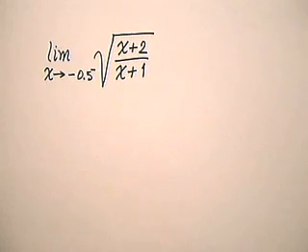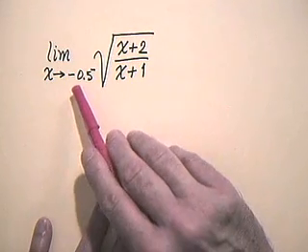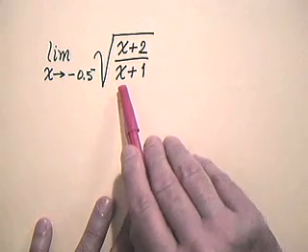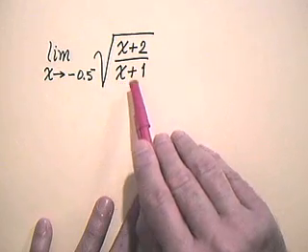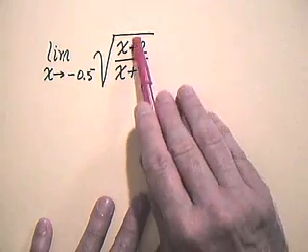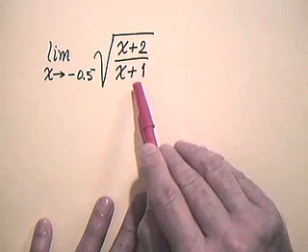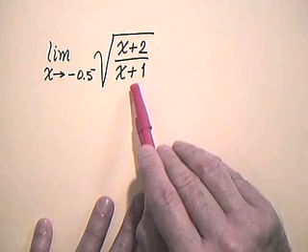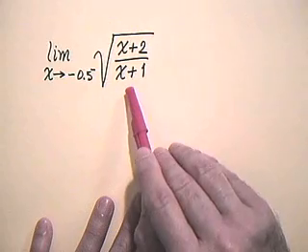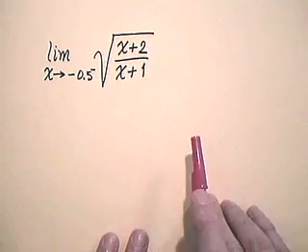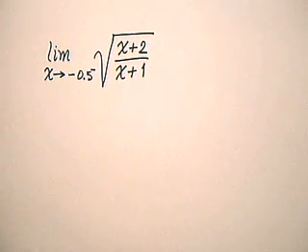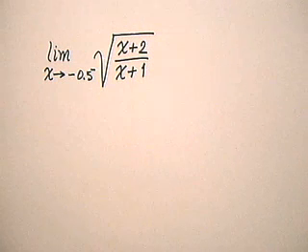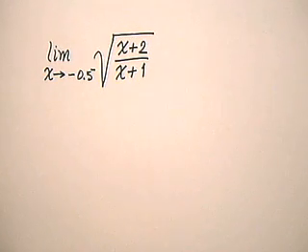So let's look at this. Here we're examining the behavior at negative 0.5. If I put negative 0.5 in for x, is that denominator 0? No. So that means what's inside this square root will have a two-sided limit at x equals negative 0.5. And so since the square root of that will give us the overall two-sided limit, we're dealing really with a situation where we in fact have a two-sided limit at negative 0.5.